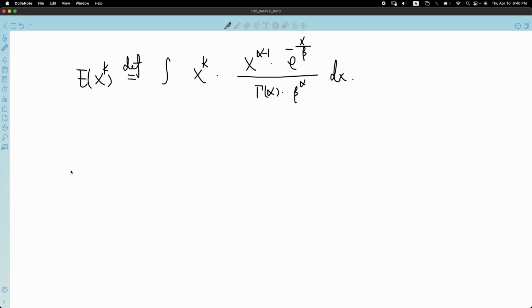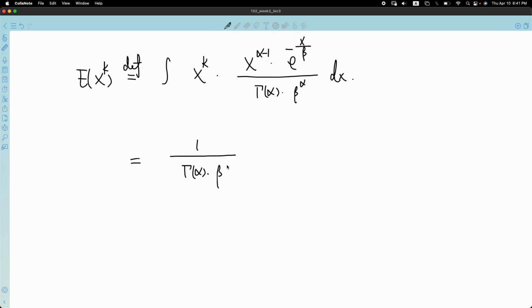So now let me ask the question, what is constant and what is random here? More specifically for this expression, what are the constant things that we can bring outside the integral? The gamma of alpha, and what else?